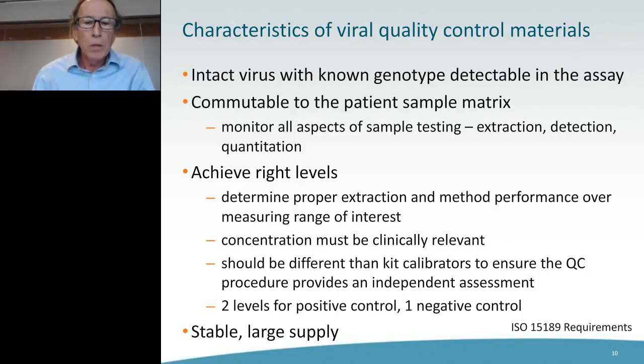What we do at SeraCare is make large, stable supplies, so it allows you to test your assay this week, next month, and in some cases even next year. It gives you a nice reference material that you can use over a long period of time. As shown here in the lower right, this is right from ISO 15189 requirements.